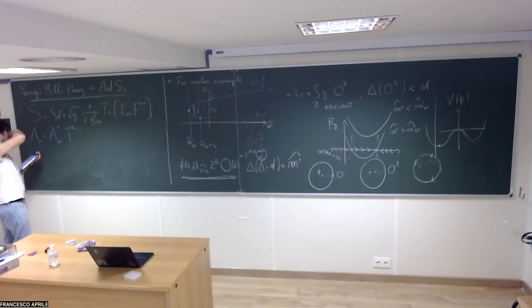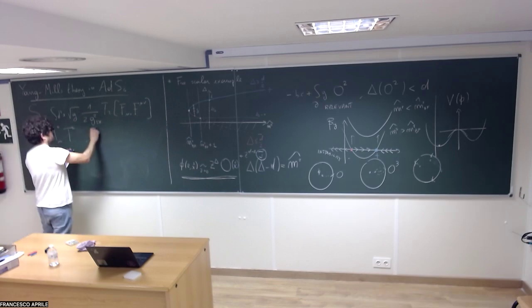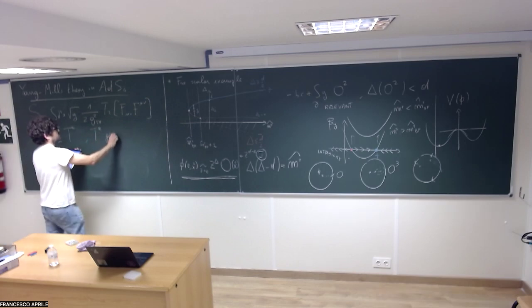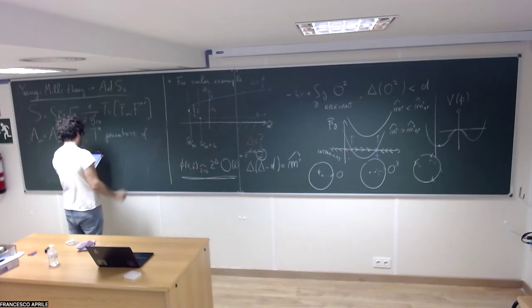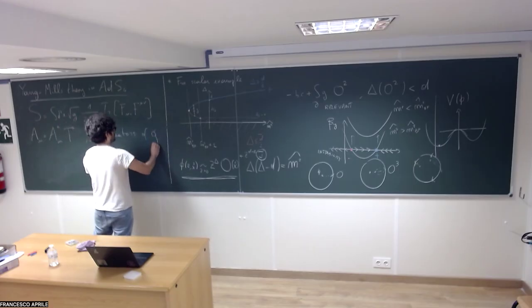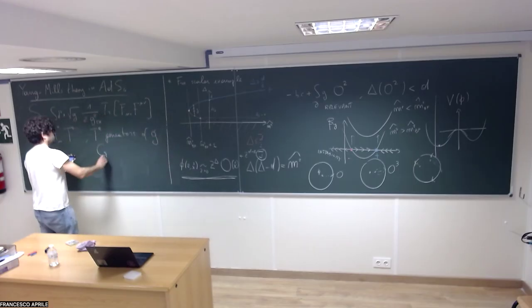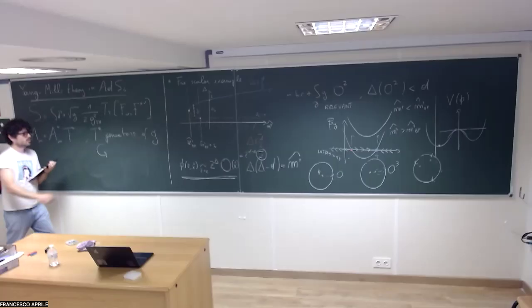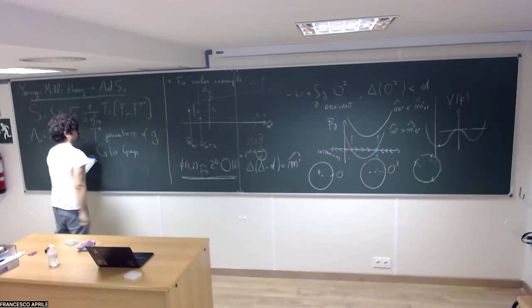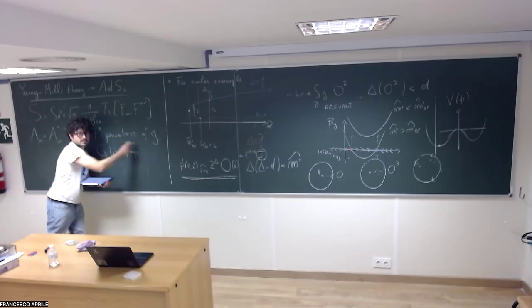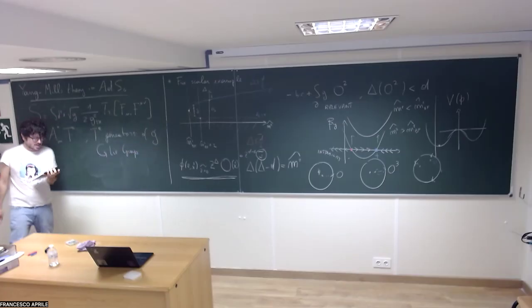I have the algebra valued, some generators, generators of some algebra g. So G, big G, the group. And this is the algebra of this group. Okay.